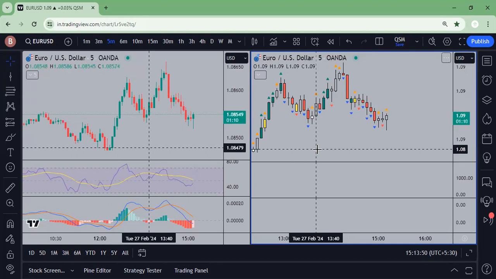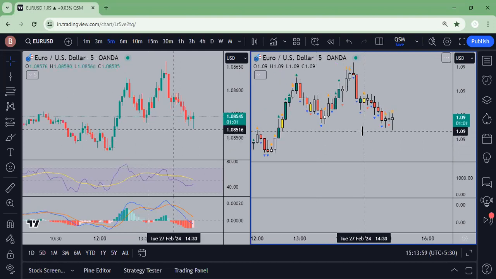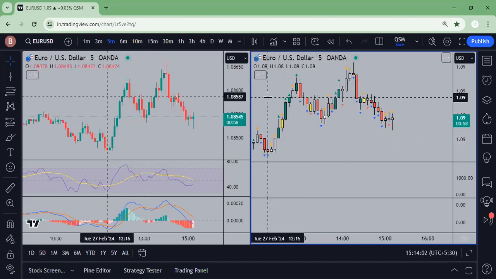And other indicators and other strategies with this one. So how you can use it in conjunction with this one?